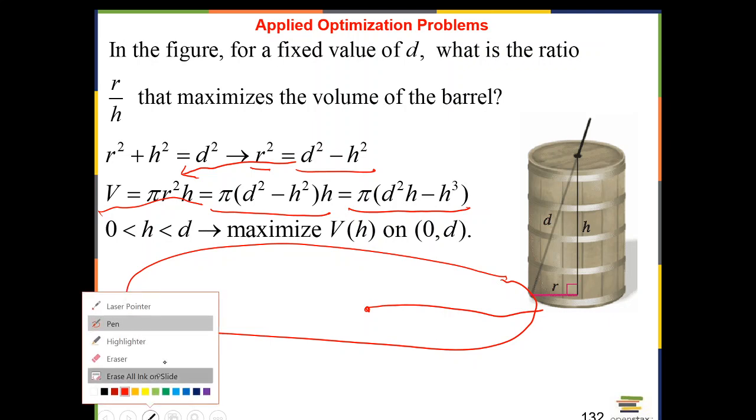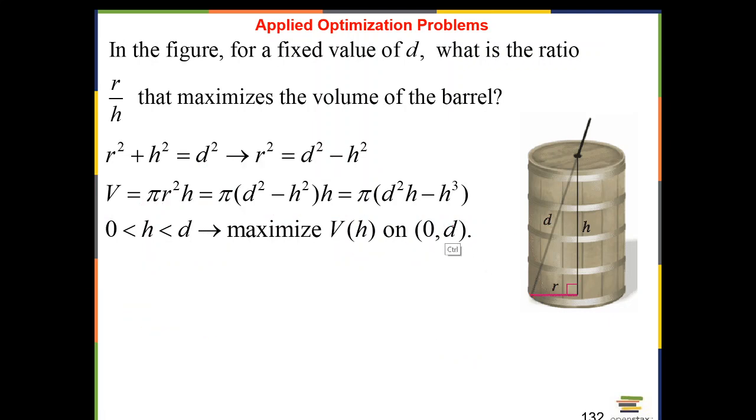So we're going to take that as a possibility. So H cannot be 0, but it could be close to 0 and close to D. If the barrel is really, really long, then D and H would be very close, right? All right, now we have the domain.